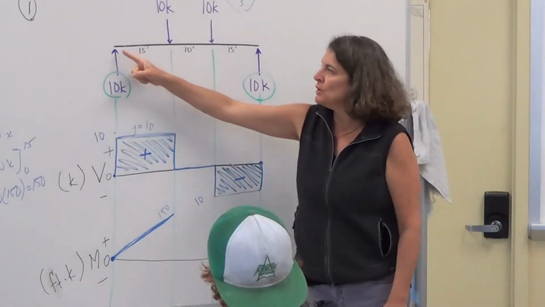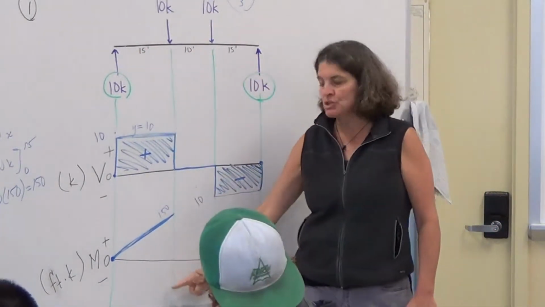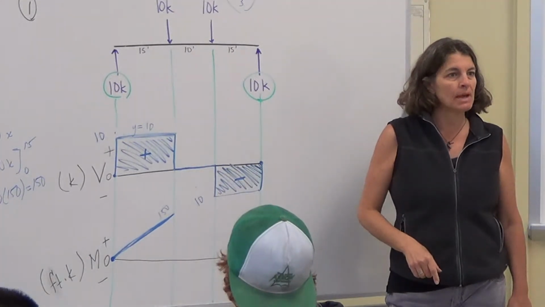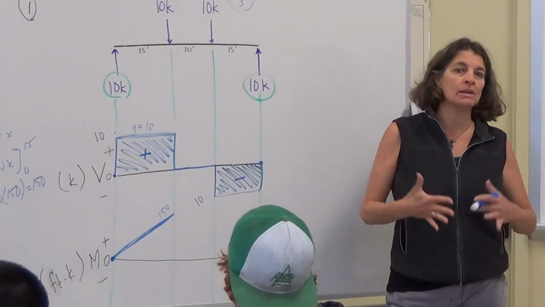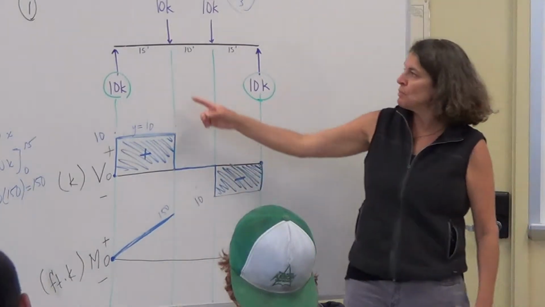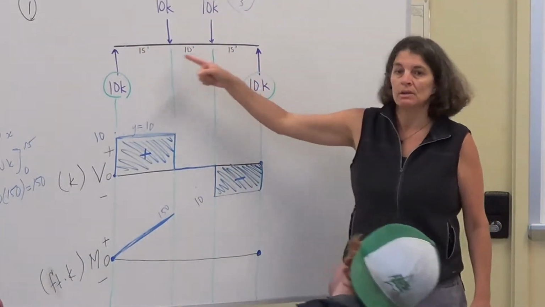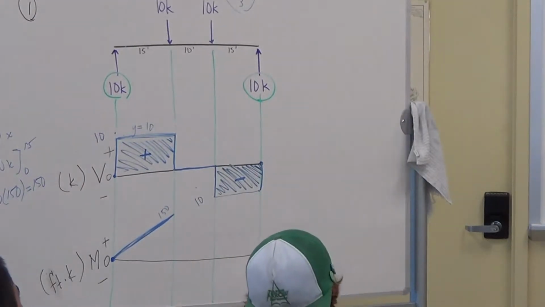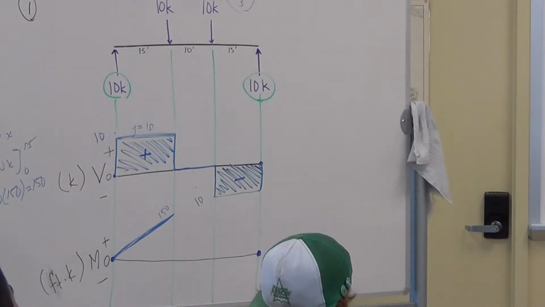So what do you think would cause a vertical change in the moment diagram? Not a concentrated load, a concentrated moment. Does this problem have a concentrated moment in it?